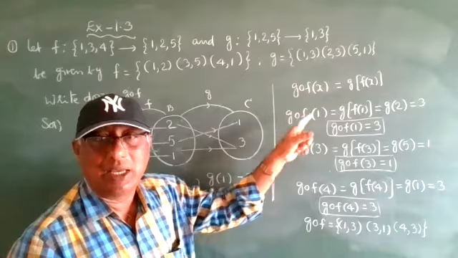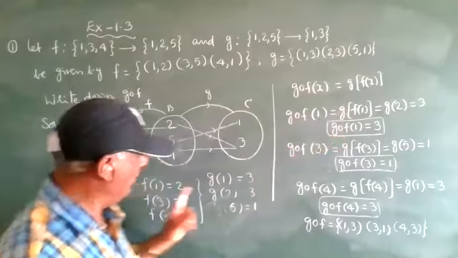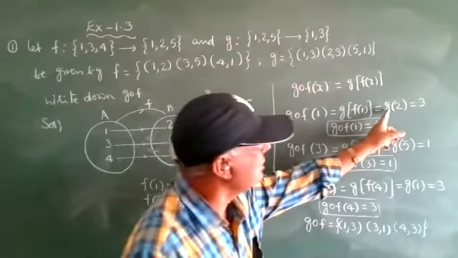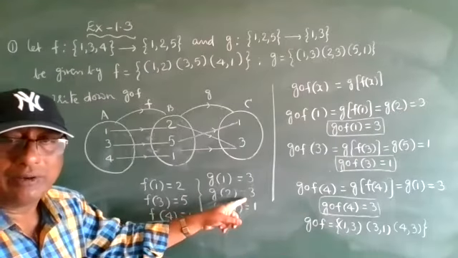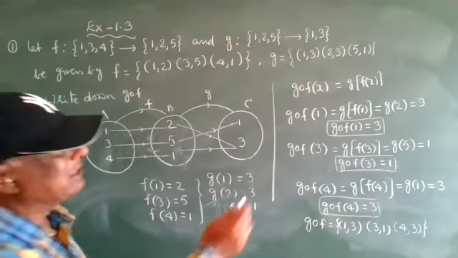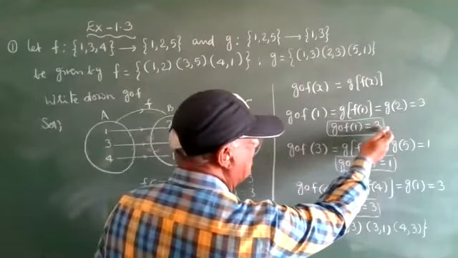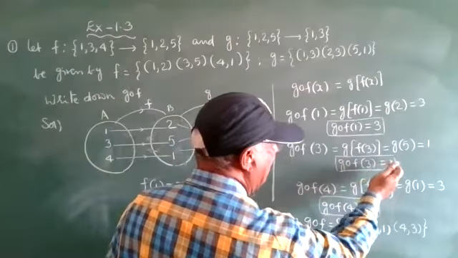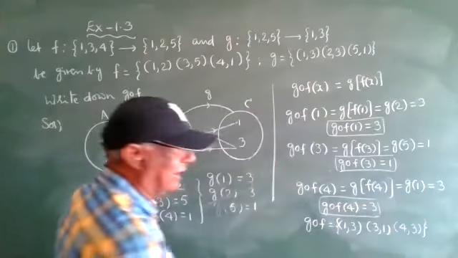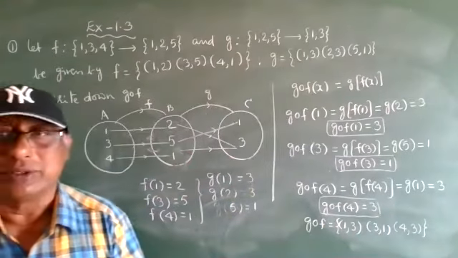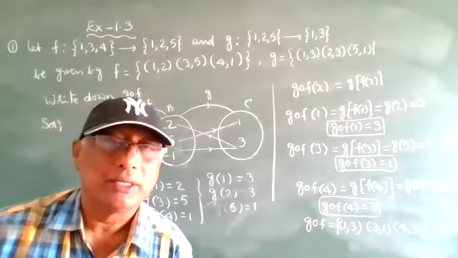First, G of F of 1. F of 1 value is 2. G of 2 value is 3. Right, G circle F of 1 image is 3, G circle F of 3 image is 1, G circle F of 4 image is 3. I will write the G circle F values. Is it clear, everyone?